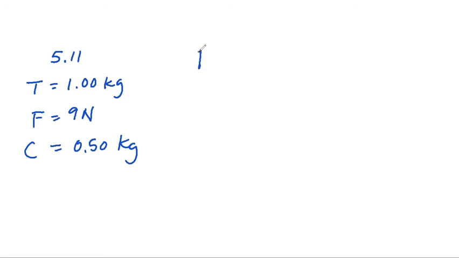Okay, F equals ma. We're finding acceleration. So 9 newtons equals, now the 9 newton force is pushing both the tray and the carton. The carton is on the tray. It's essentially one mass because it's not going anywhere. It's in an inertial state, just like a rider on the toboggan in the last problem.